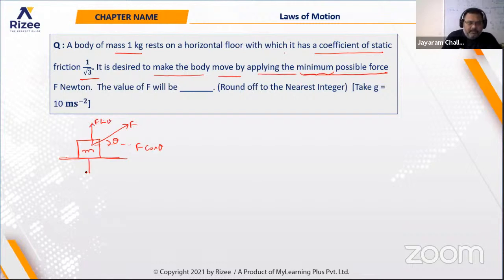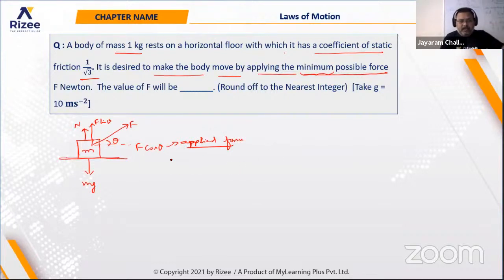There will be mg acting in this direction and your normal reaction here. So F cos theta is completely responsible for the motion of the body, or F cos theta can be treated as your applied force.